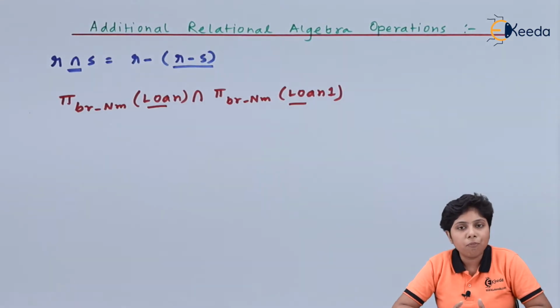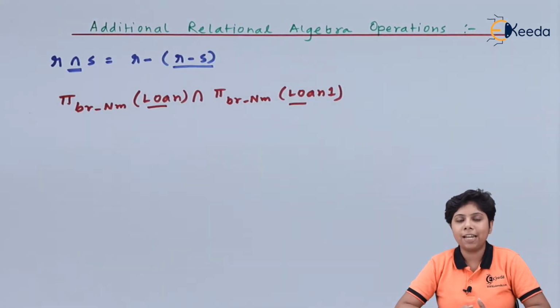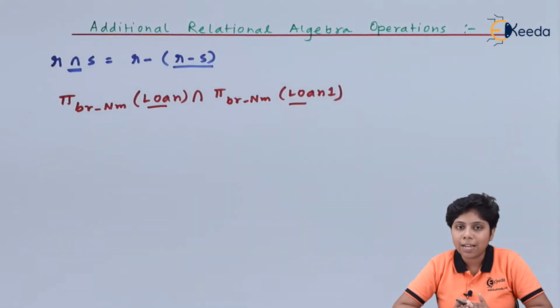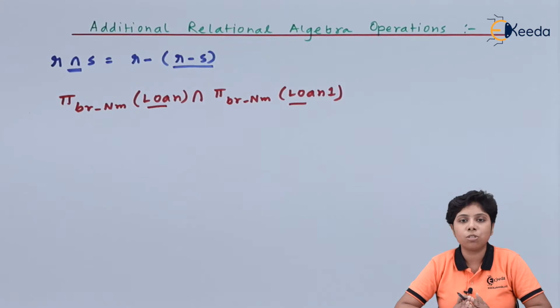Now, if we perform a natural join on these relations, we will have the same result as a Cartesian product. So how do we write or represent a natural join operation? First, we will look at that.